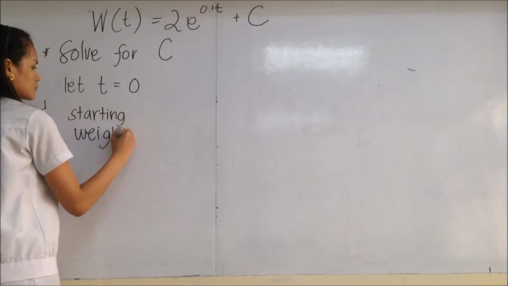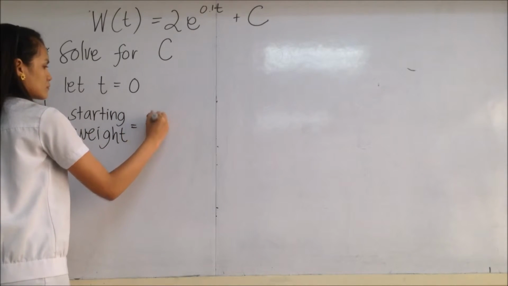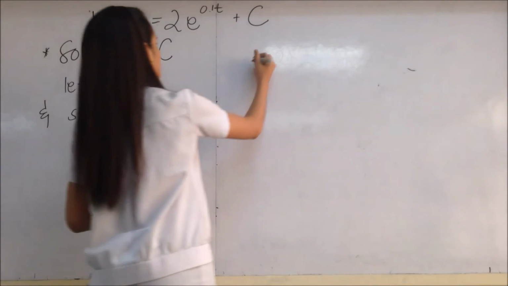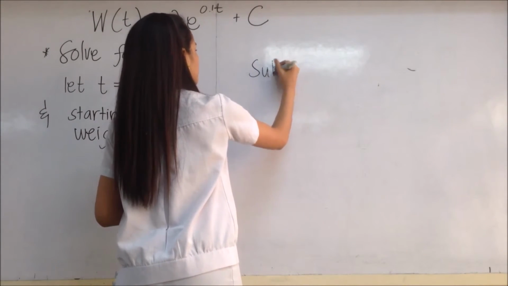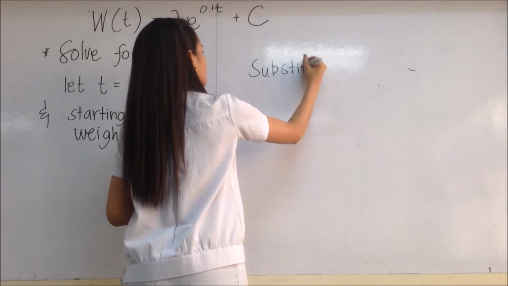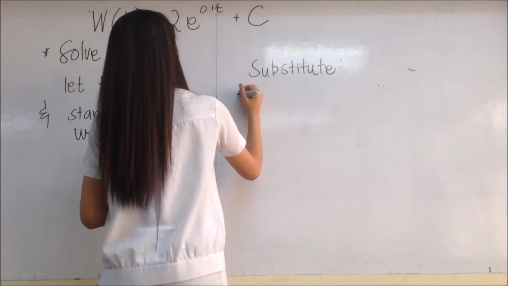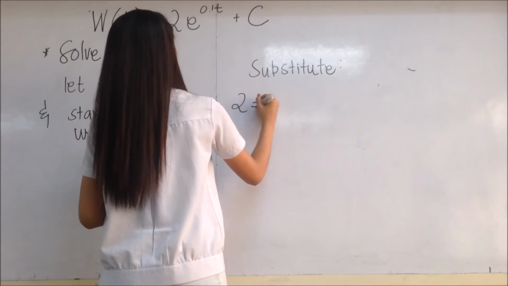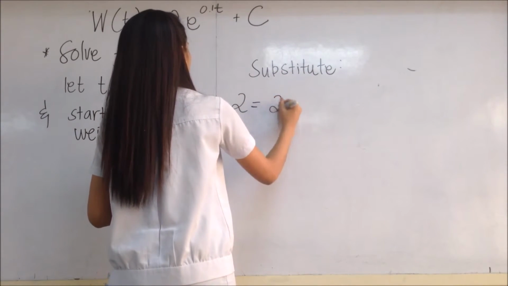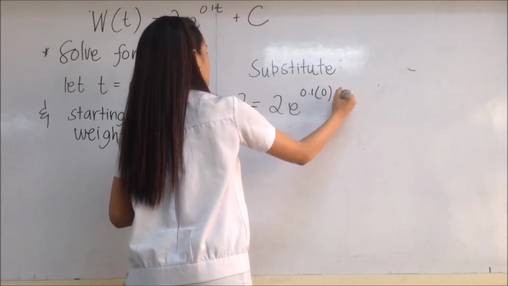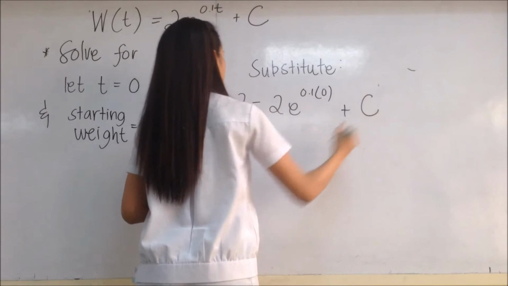The next step is to do simple substitution. So now we have to substitute 0 to t and W of t to 2. We will have now 2 is equal to 2e raised to 0.1 times 0 plus c.